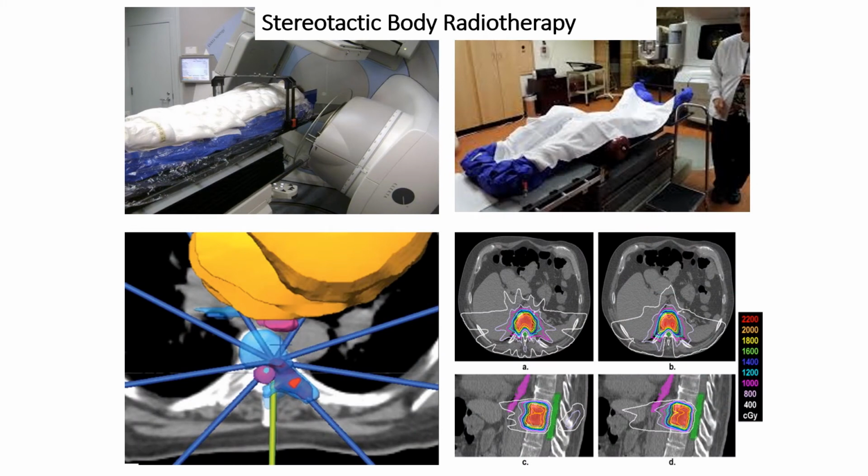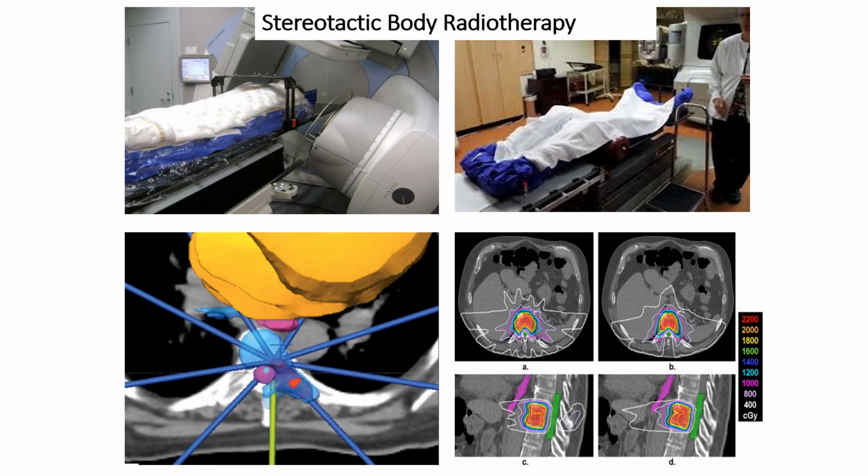A similar procedure can also be done in the body, known as Stereotactic Body Radiotherapy, or SBRT, with a different immobilization device, which is the vacuum blue bag. This blue bag also ensures that there will be no patient movement. This technique is also delivered with a high dose in each fraction.